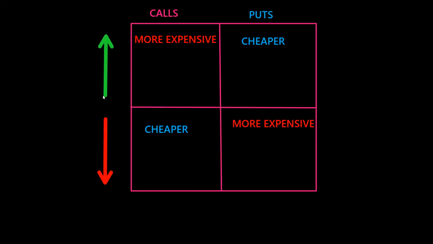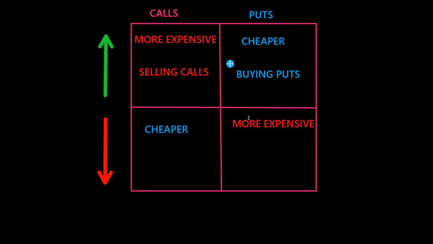So if the market goes up, ideally we should be selling calls, because they're more expensive. If the market goes up, that's when you would be buying puts. And if any of you are reading about the black swan hedge, this is exactly what happens when you're putting on the black swan hedge.